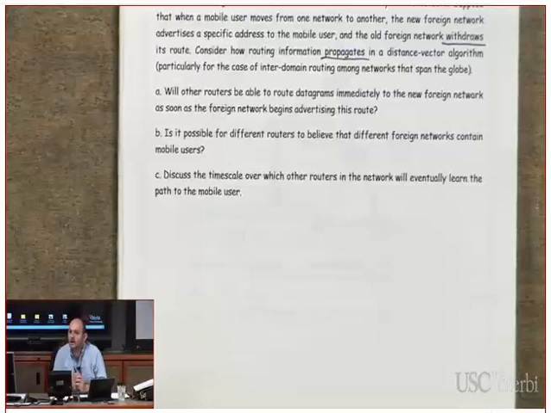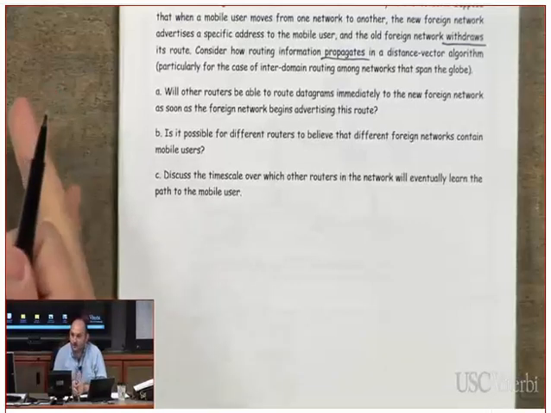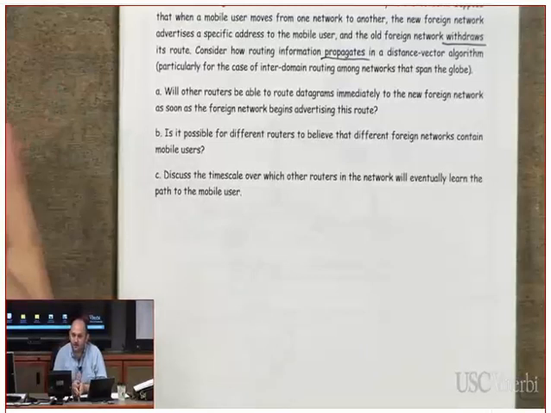So the third question is, discuss the time scale over which other routers in the network will eventually learn of the mobile user. Do we see any time it takes for this to propagate? How long can it be?